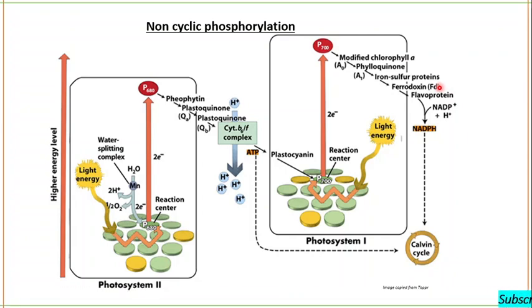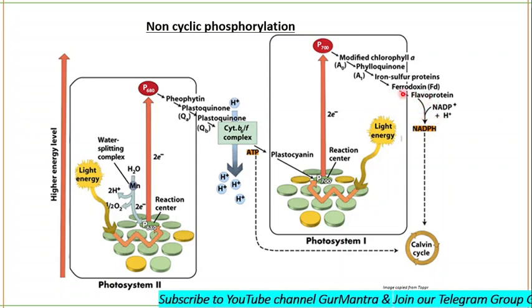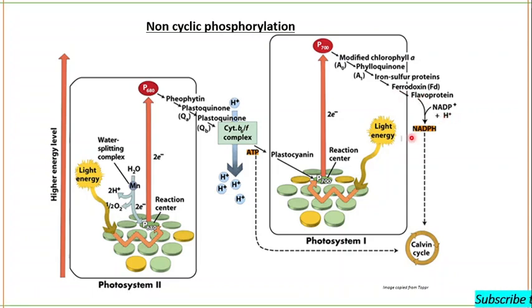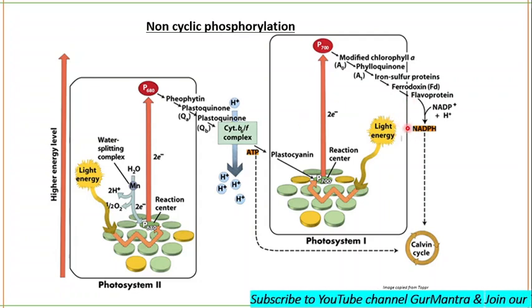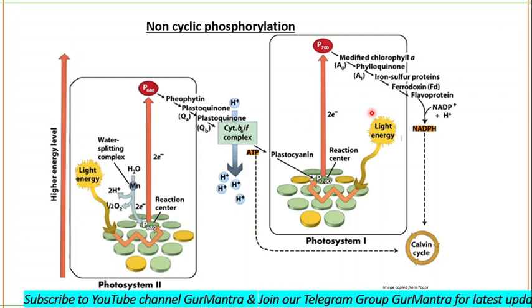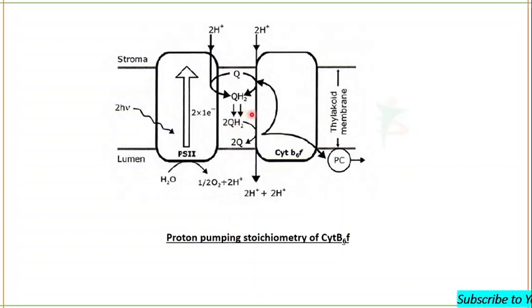This ferredoxin NADP reductase will now aid the transfer of electrons from ferredoxin to NADP positive, and there is the formation of NADPH. Okay, and for 2 electrons there is the formation of 1 NADPH. For a total of 4 electrons there will be the formation of 2 NADPH. Okay, so this is your Q cycle which is taking place.